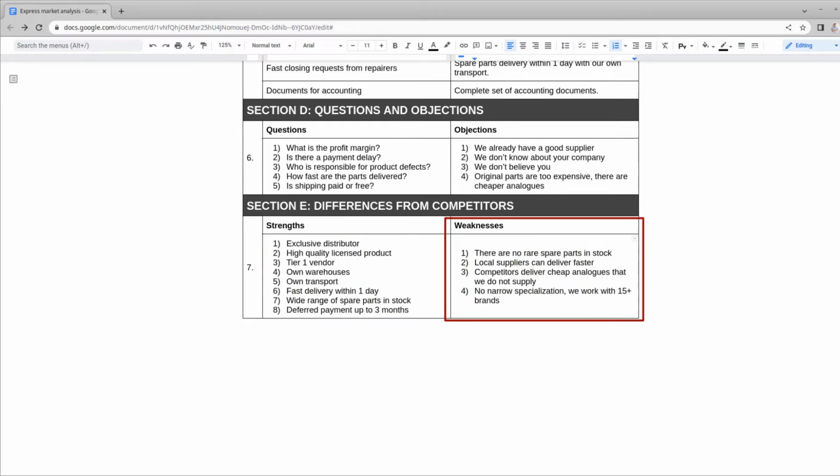Everything in which we lose to competitors and other obvious shortcomings as weaknesses. Strengths can provide additional information on benefits. Weaknesses help to identify new questions and objections. In general, if you look closely, you will see that almost all sections of the analysis are connected and complement each other.